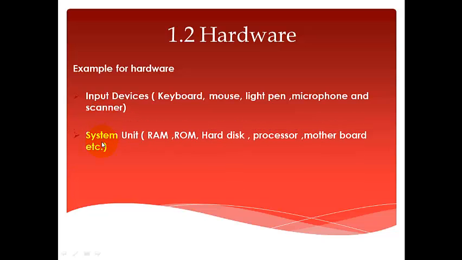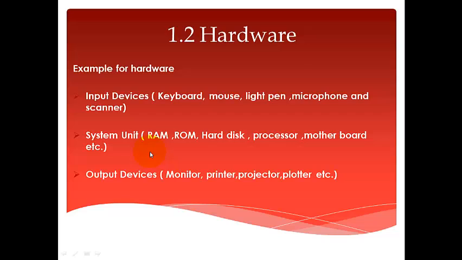And next comes the system unit, which is the core and most important part. Here the system unit consists of RAM, random access memory, and ROM, R for read, O for only, M for memory, a hard disk, processor, motherboard, etc. This entire thing put together is the system unit.